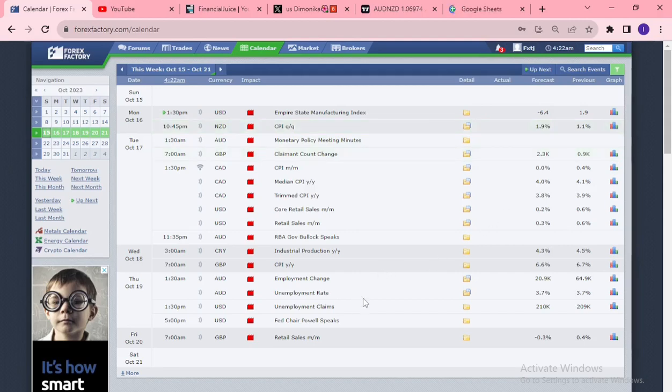Like we can see, the technical gave us direction. Monthly gave us a downward direction, which is a shorting direction, that we should sell. The weekly also gives us direction that we should sell.